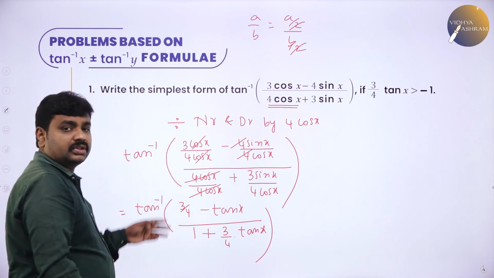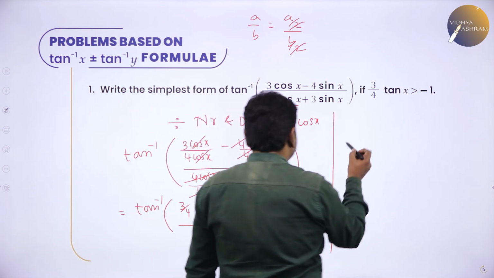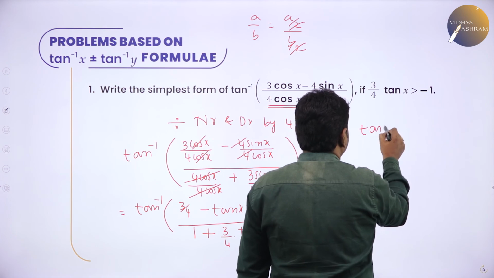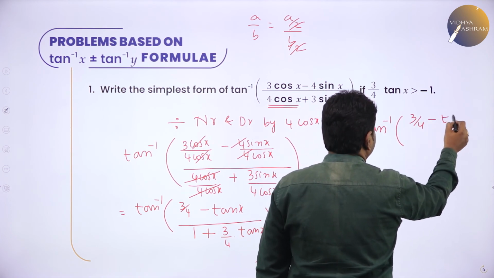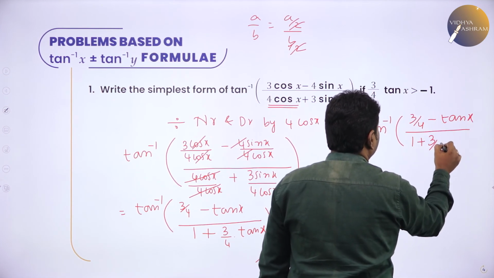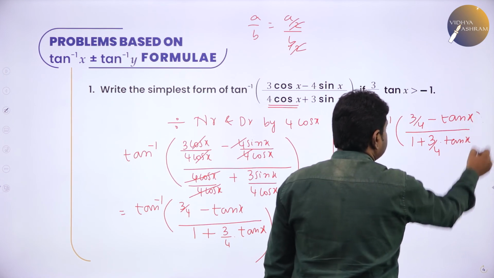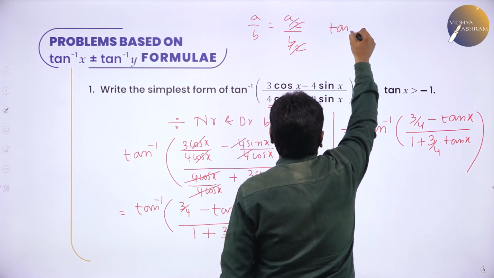Interesting. Now they gave a big problem, we wrote it like this. Now observation. See, I have tan inverse of 3 by 4 minus tan x divided by 1 plus 3 by 4 into tan x. Please understand, you know tan inverse x plus tan inverse y.